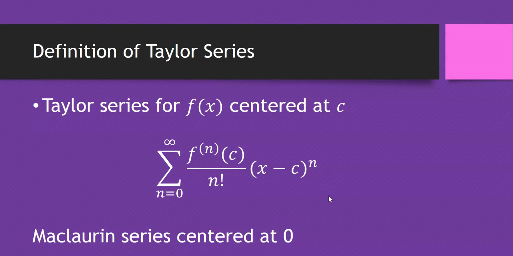So the Maclaurin series is the Taylor series where we are centered at 0. So that's the idea. It's establishing a Taylor polynomial and then letting that Taylor polynomial essentially go to infinity.